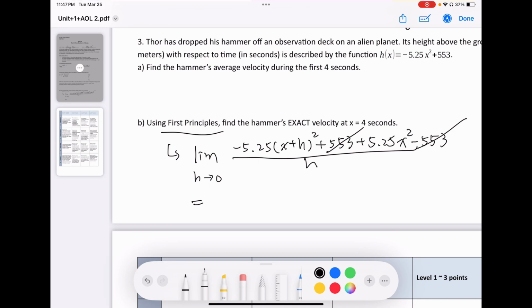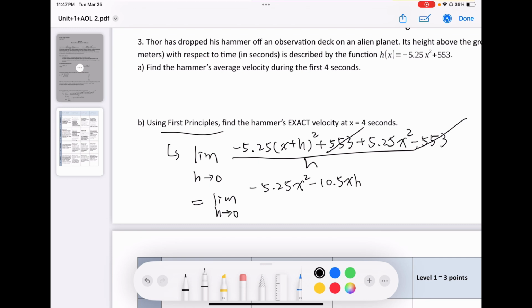It will be the limit as h goes toward 0 of 5.25 times x squared, and then 2xh times 5.25, so it's minus 10.5xh.